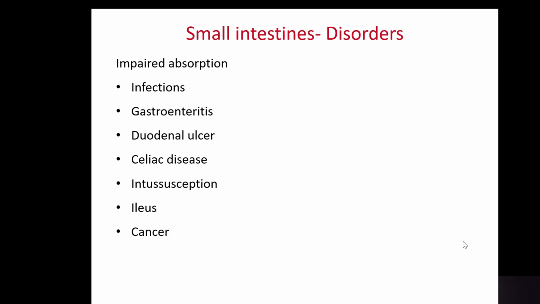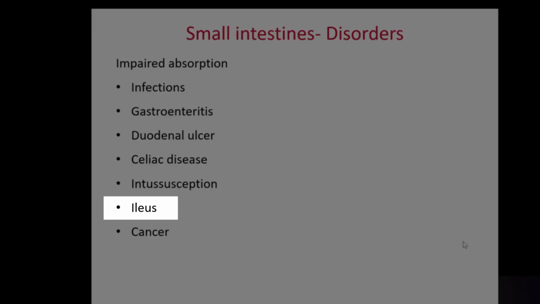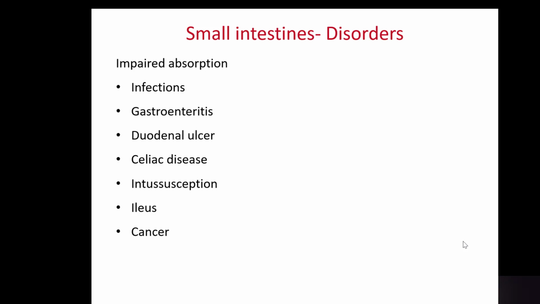The next one is ileus, and this is a functional problem rather than a structural problem. And this is when the normal peristalsis of the small intestine stops. So the food just backs up and it doesn't go anywhere. We sometimes call this a paralytic ileus.